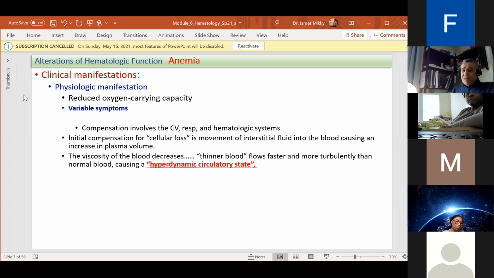It doesn't mean that patients with anemia will consistently and continuously have the high output. They will have it in an initial phase, and then the heart will fail. The initial phase will be increased contraction and increased cardiac output to compensate for the hyperdynamic state, and then eventually the heart will fail, unable to keep up with the same speed and the same function.